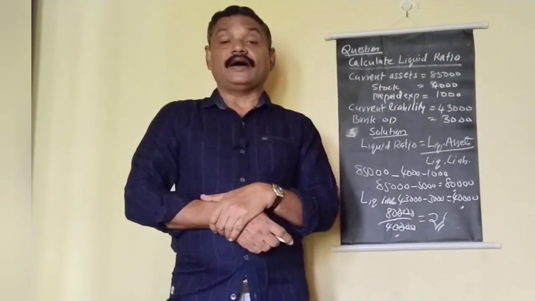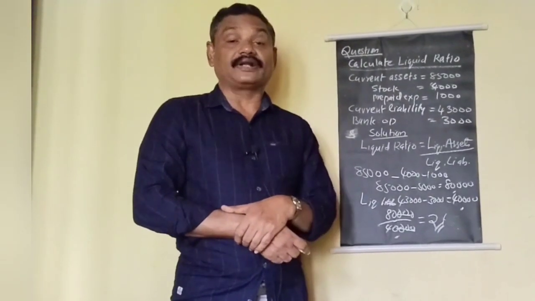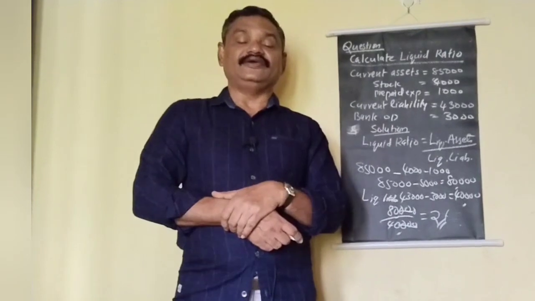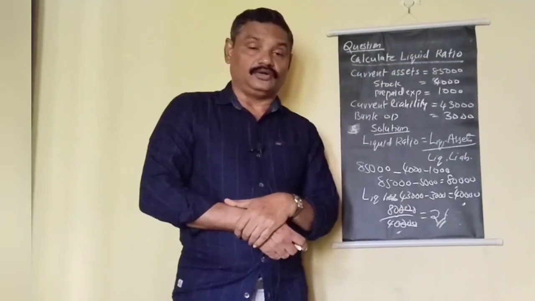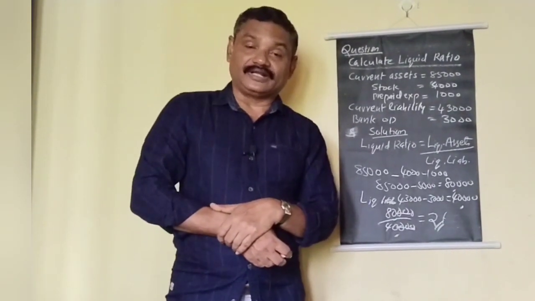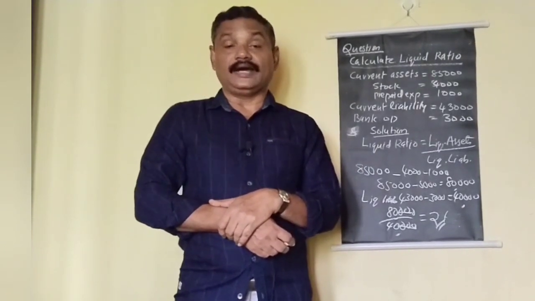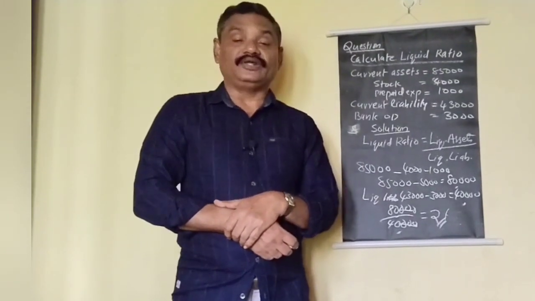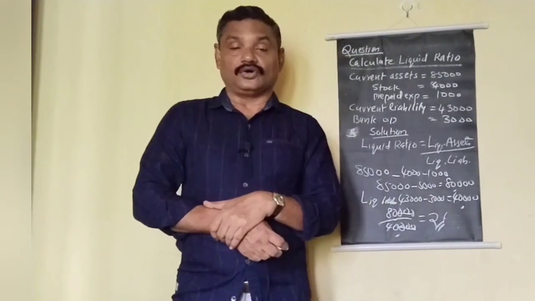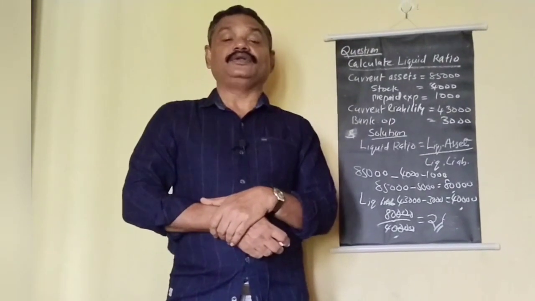Next, average stock. How to find average stock? It is very easy. Average stock is equal to opening inventory or opening stock plus closing inventory or closing stock, whole divided by 2.